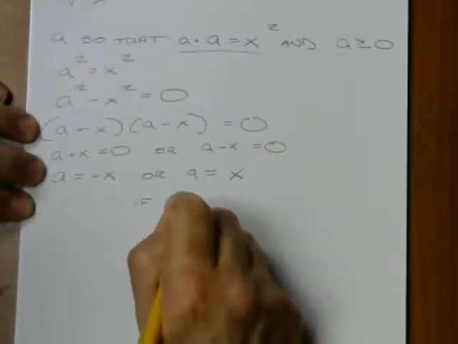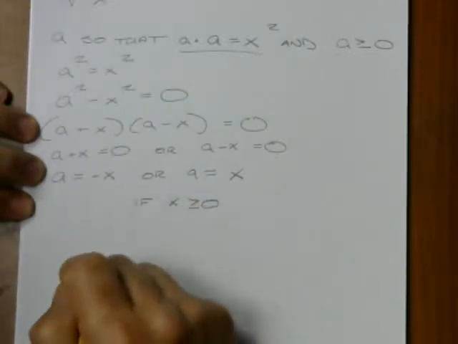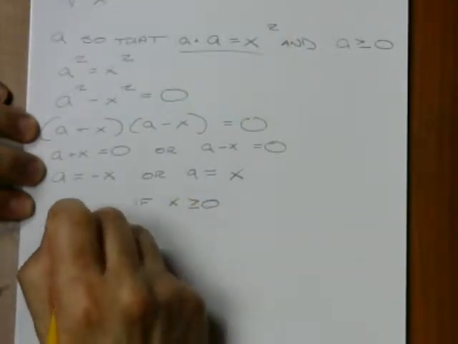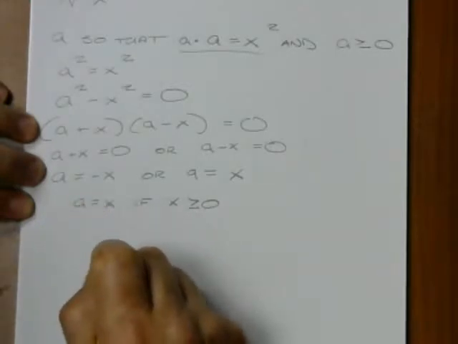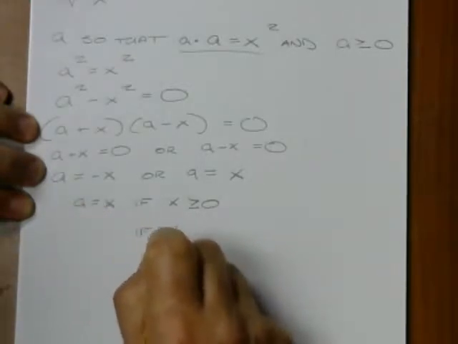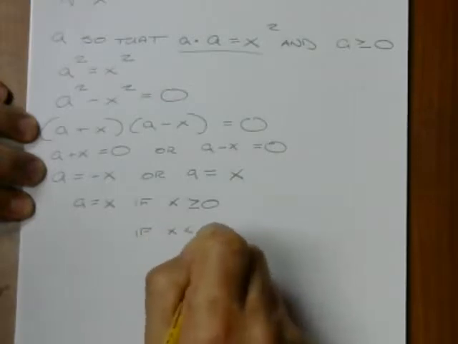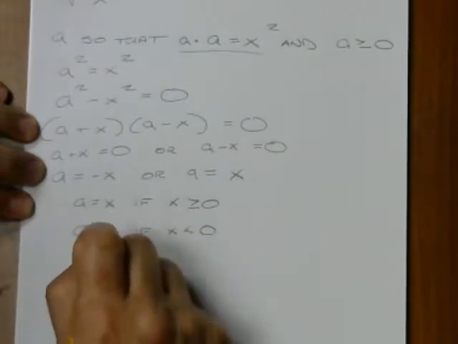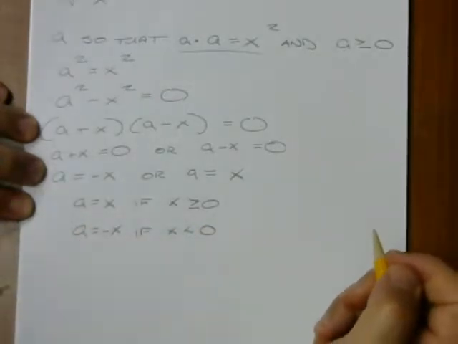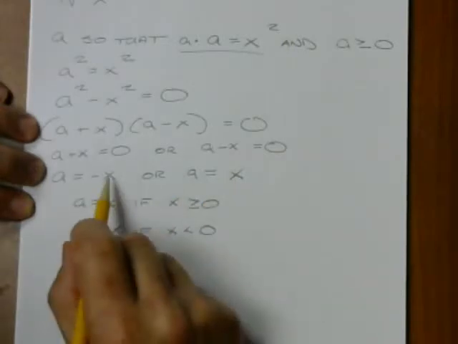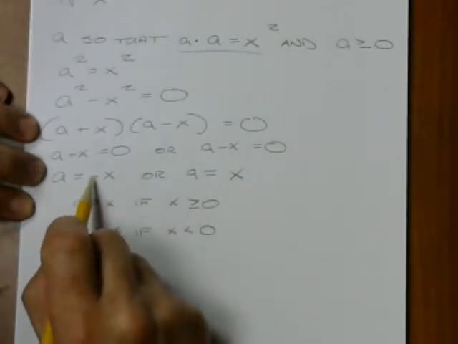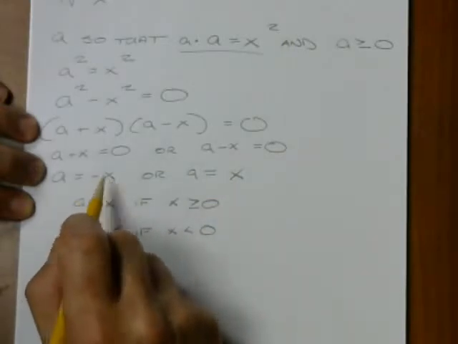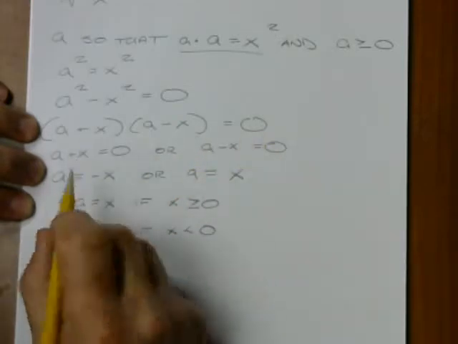If x is greater than or equal to 0, I'm going to have a equal to x. And if x is less than 0, I'm going to have a equal to negative x, because we need to take the positive of the two roots, and if x is negative, I need to take the negative of the negative for it to be positive.